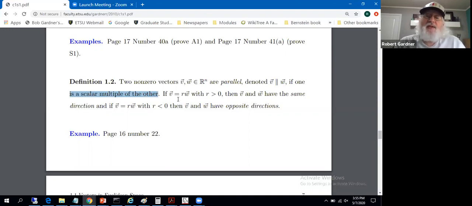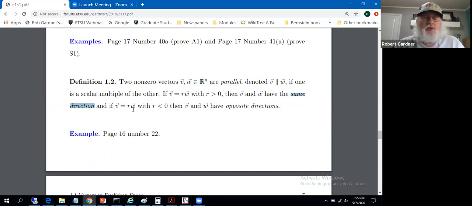That is, if v equals r times w for some scalar r greater than 0. If r equals 0, we're going to end up with a contradiction to the fact that we're only talking about non-zero vectors here. If r is greater than 0 and we get v equals r times w, then they're said to be parallel with the same direction. So they're defining same direction.